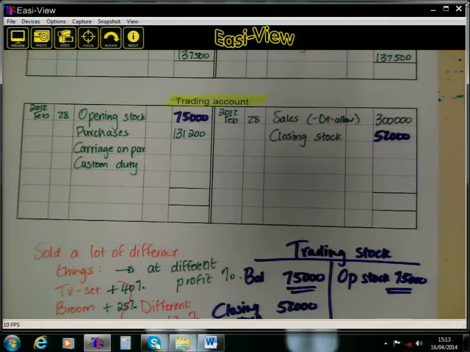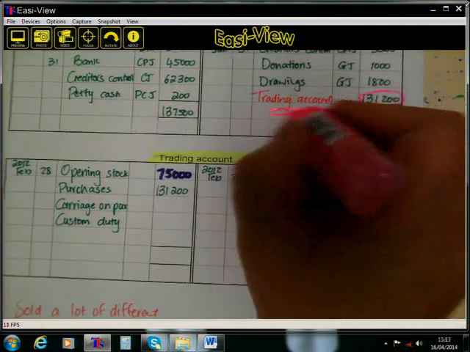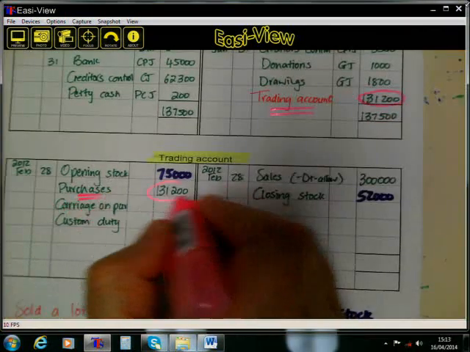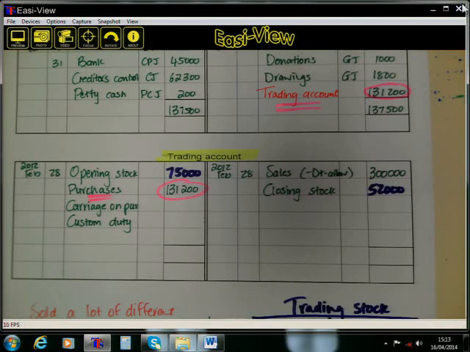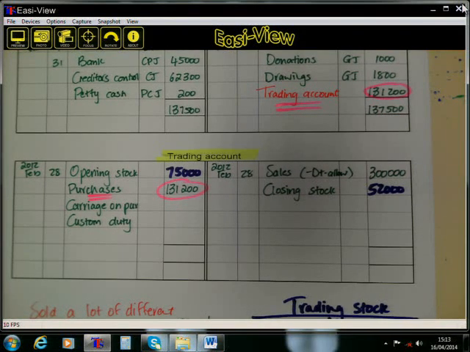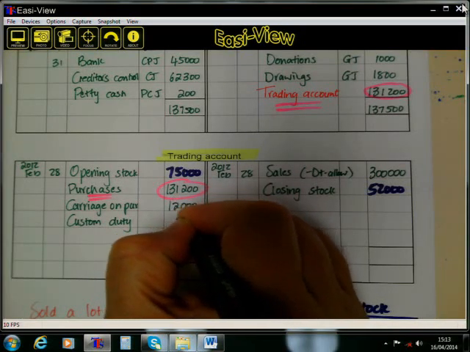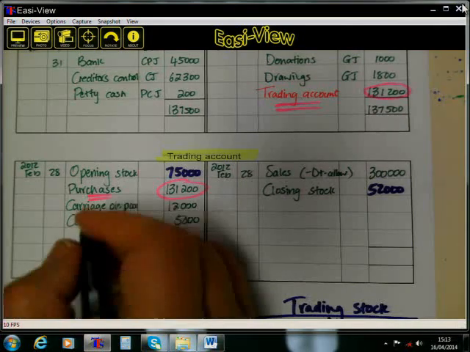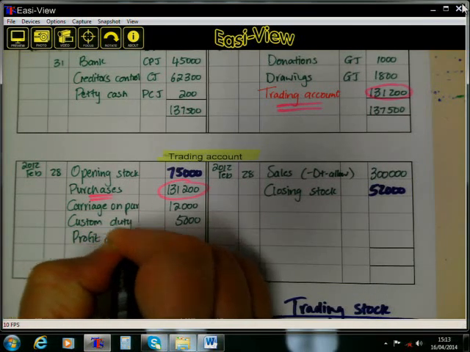Purchases go in the trading account. Carriage on purchases was given to you, and that is 12,000 rand. Custom duties was 5,000 rand, and now we had to work out our profit and loss.